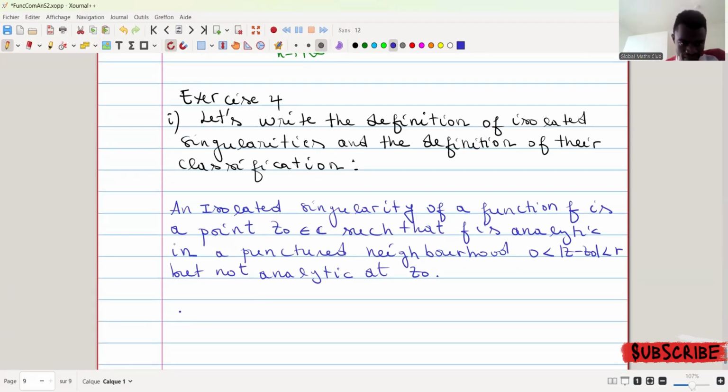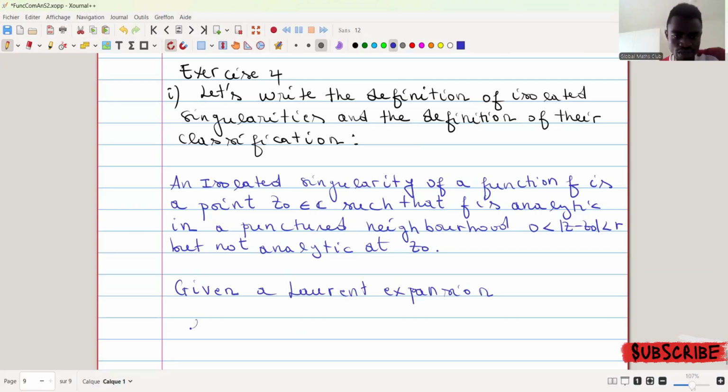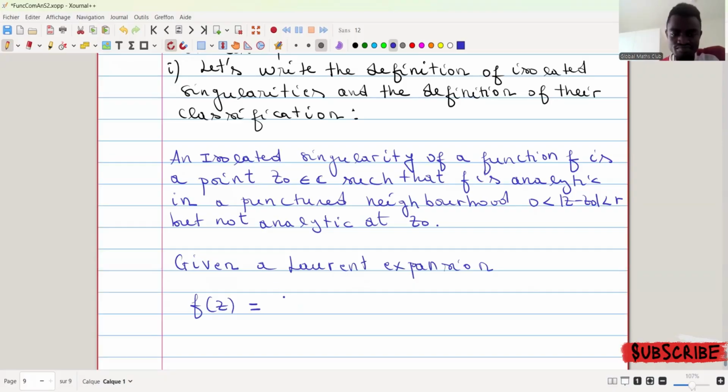Now, given a Laurent expansion, so it looks like the Taylor expansion, but it is more general. Here we even have negative integer powers.